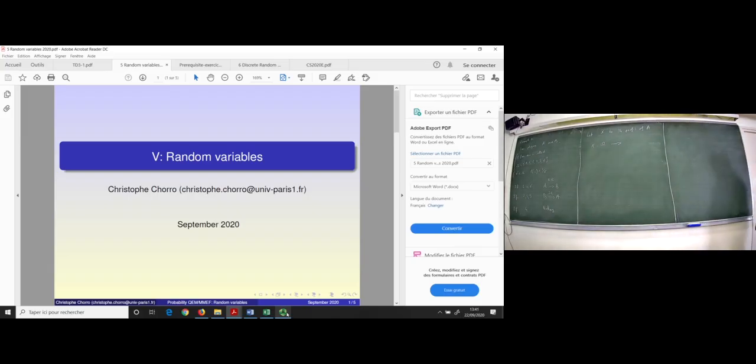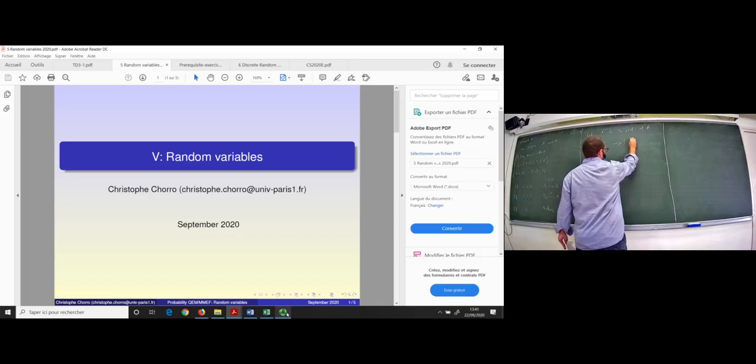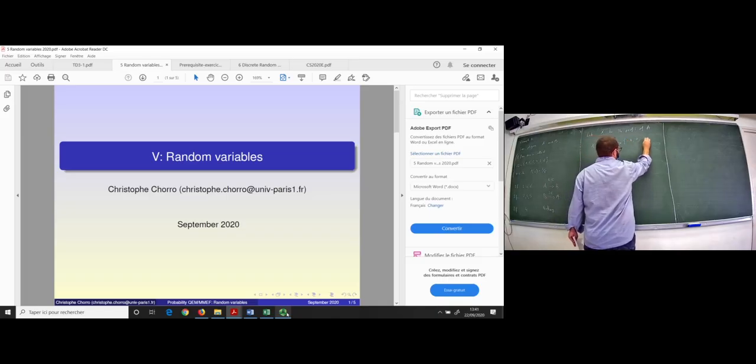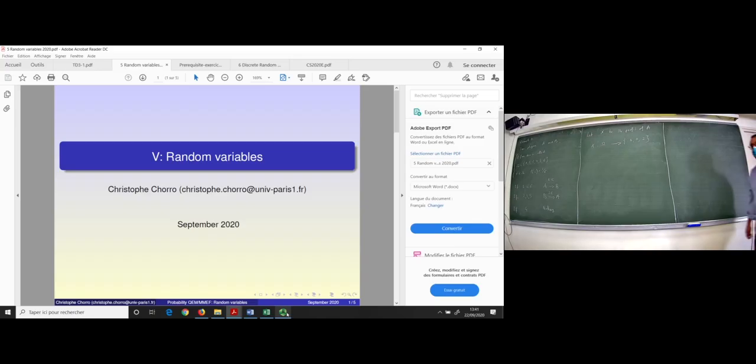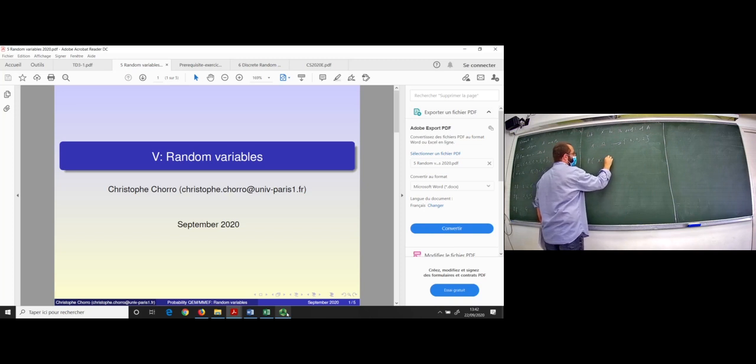So the set of the possible values here are minus 1, 0, 2. I have these three possibilities. My question is the following. What is the probability that X is equal to minus 1? What is the probability that X is equal to 0? And what is the probability that X is equal to 2?